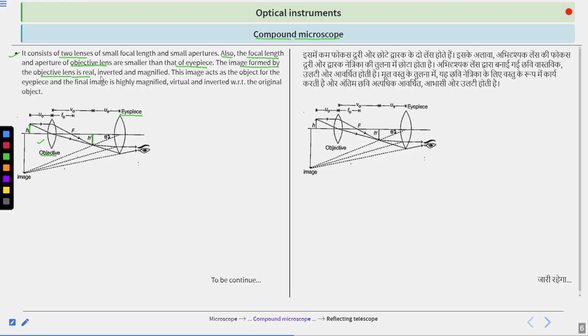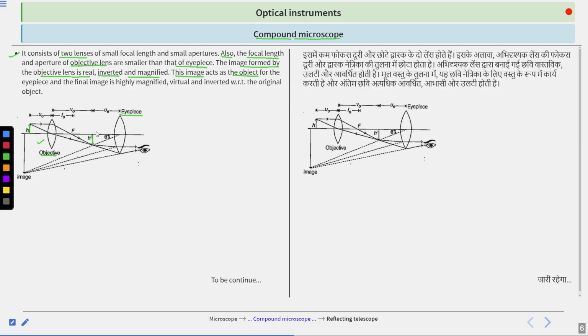And it is inverted and magnified. Clear? This image is inverted and magnified, and the size of the object is much less than the size of the image. So the size of the image is greater, large, as compared to the size of the object. This image acts as the object for the eyepiece, and the final image is highly magnified. Listen carefully. This H prime is the image of this object.